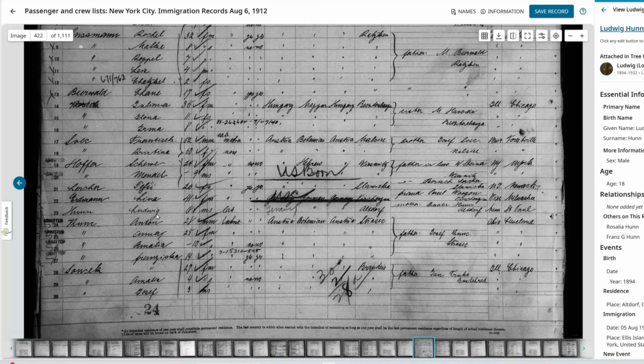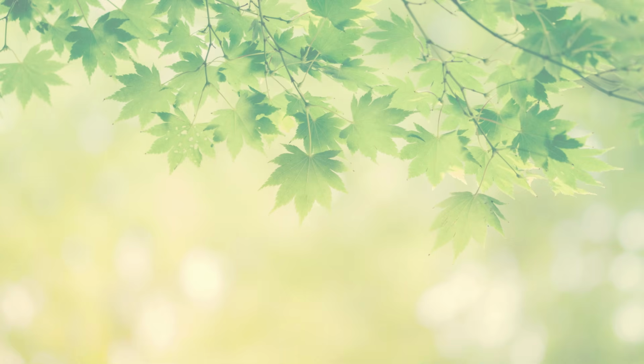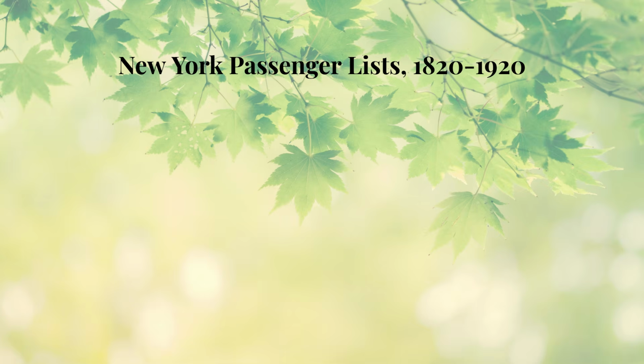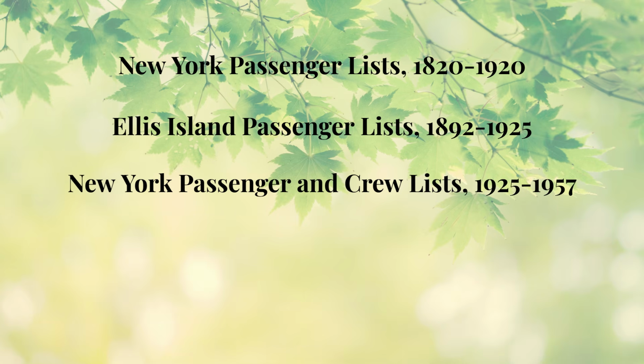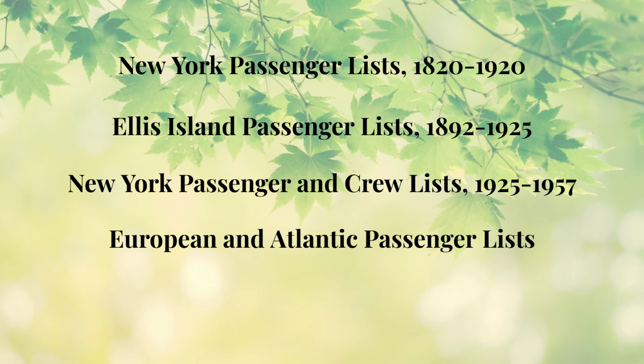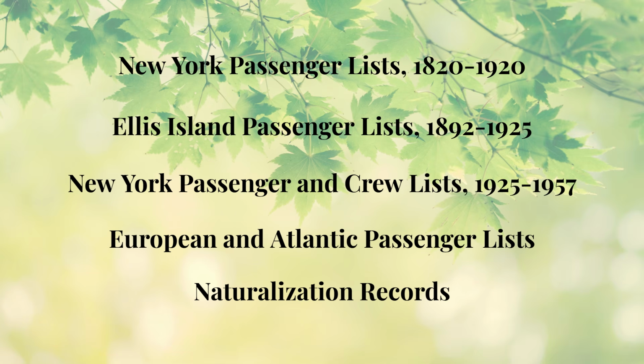FamilySearch has many free immigration records, including the New York passenger lists from 1820 to 1920, Ellis Island passenger lists, which cover 1892 to 1925, New York passenger and crew lists from 1925 to 1957, European and Atlantic passenger lists, and naturalization records. If a result appears, you can usually find both the index and the ship manifest image.